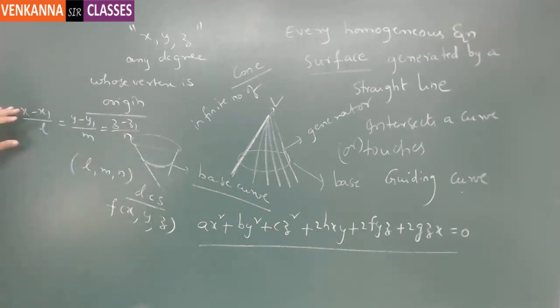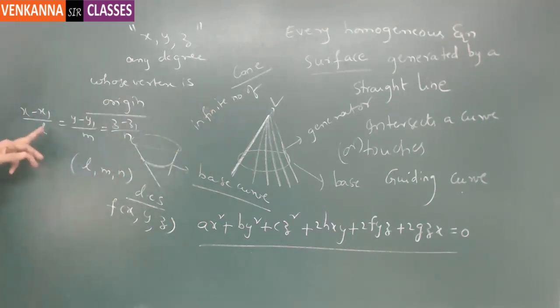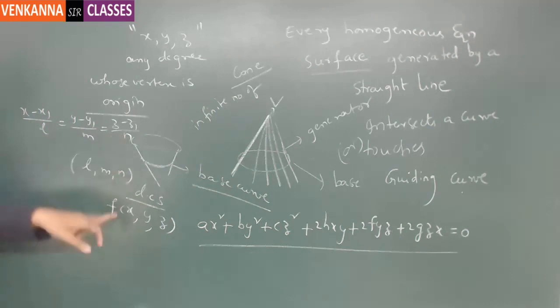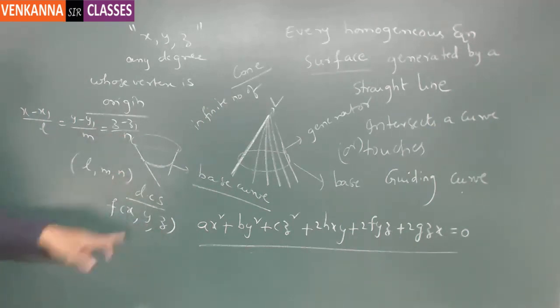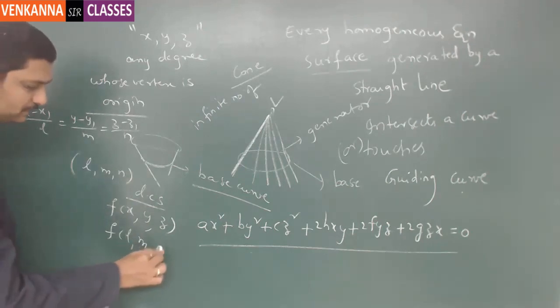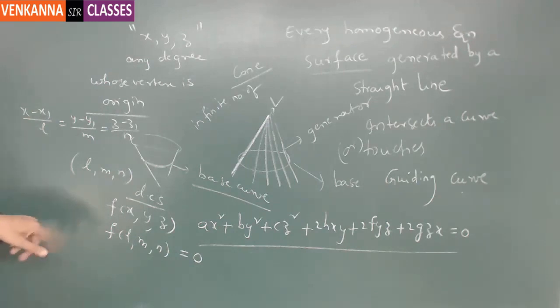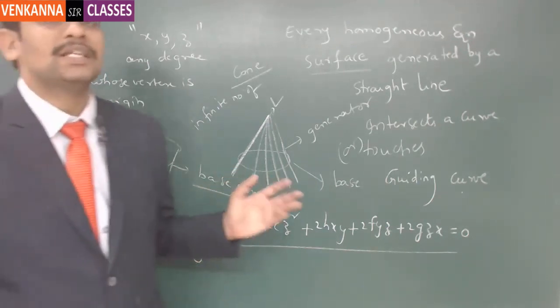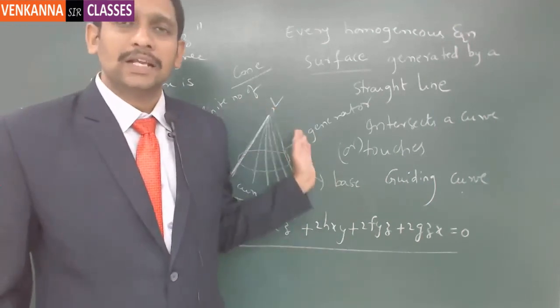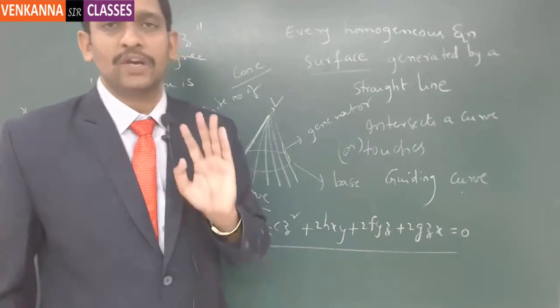If you want to check whether this line is a generator of the cone or not, you simply substitute l, m, n in place of x, y, z here. Then obviously you should get 0. That means the DCs should satisfy the cone equation. If this happens, then we can say that the line you have taken is a generator of the given cone.